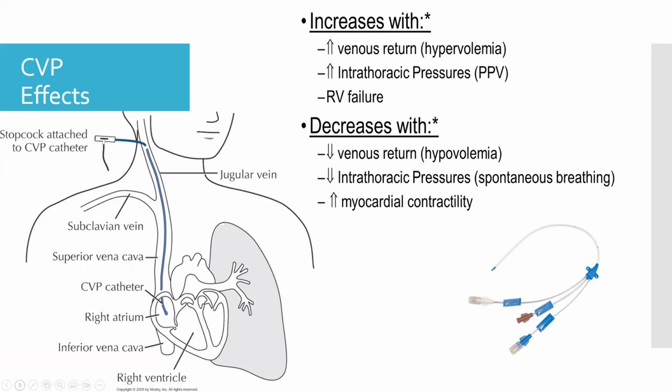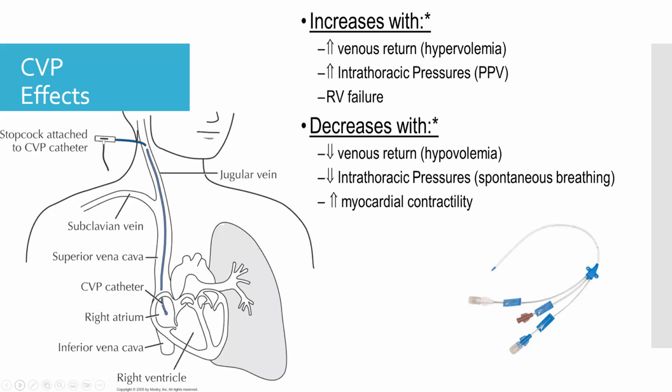On the right-hand side, we're showing you the central line or central venous pressure line, and how it's threaded. You can see it's at the very distal end of the superior vena cava, looking like it's in the right atrium or just entering the right atrium.